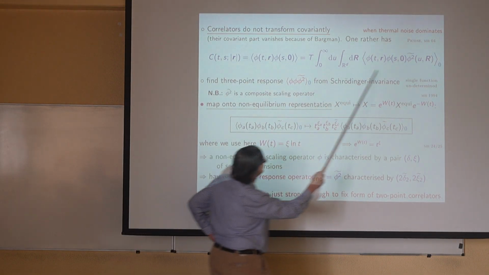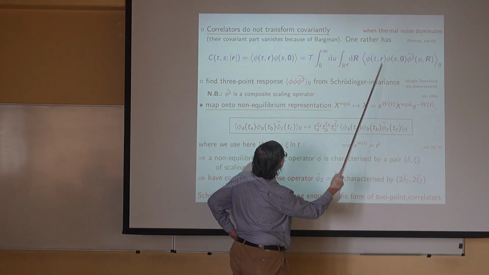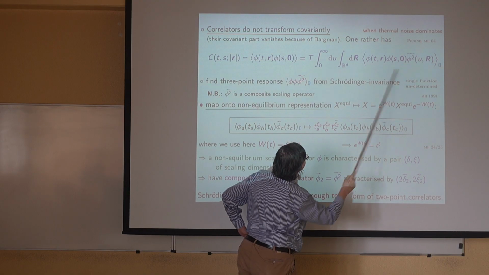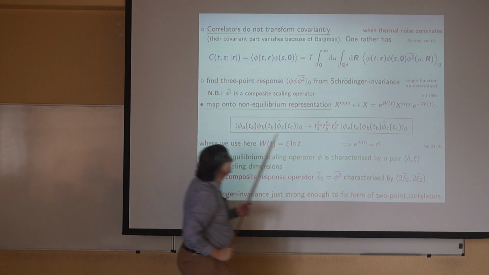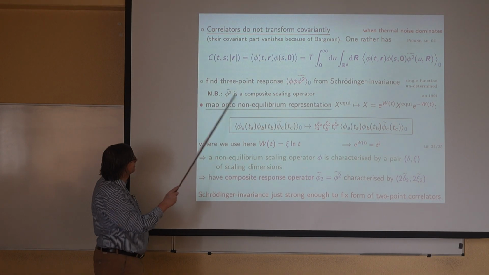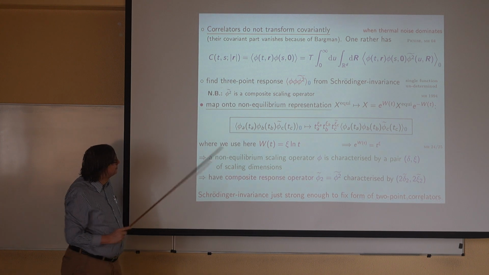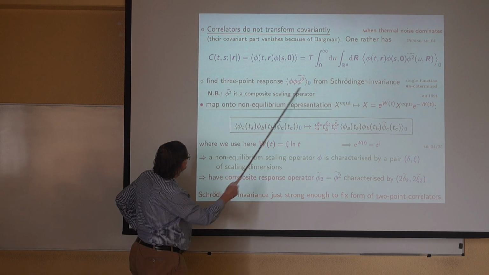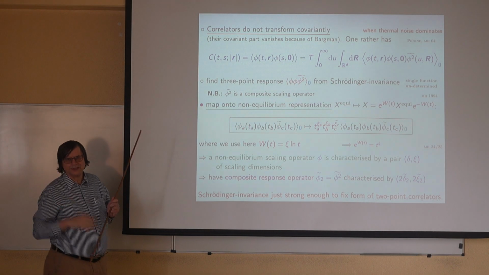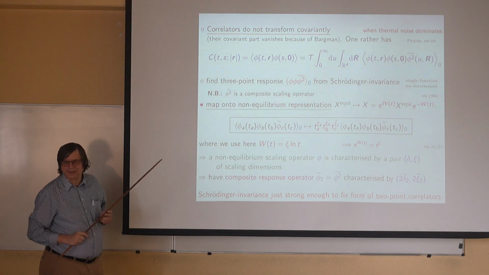What we have here are the two order parameter scalars, and you have a response operator. Phi tilde squared has to be considered as a composite scaling operator, so we have to find the form of this triple function, which Schrödinger invariance is telling us.